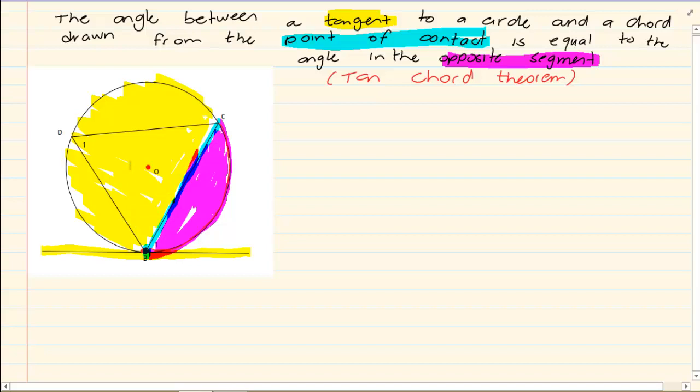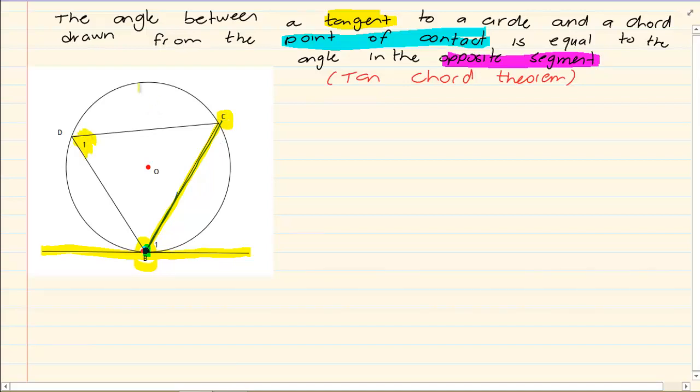But the entire thing is not creating an angle. What is creating an angle that is also running from BC? BC is this line. And it's creating an angle in the opposite segment. If you take the point B and you take point C, it is creating an angle in the opposite segment. Look. That's the angle it's creating.